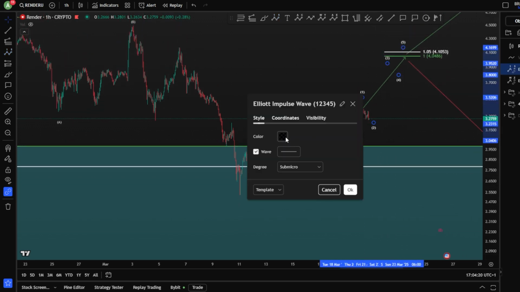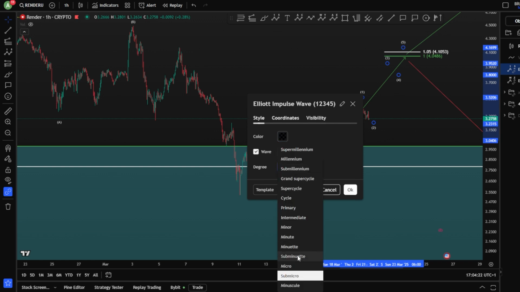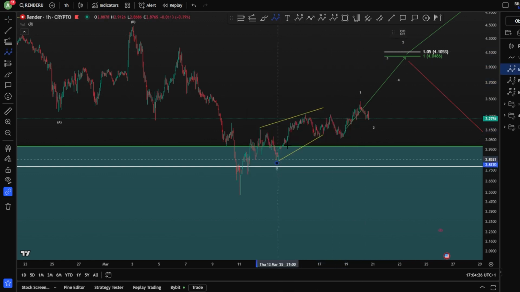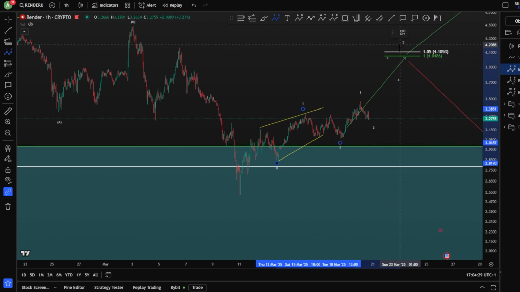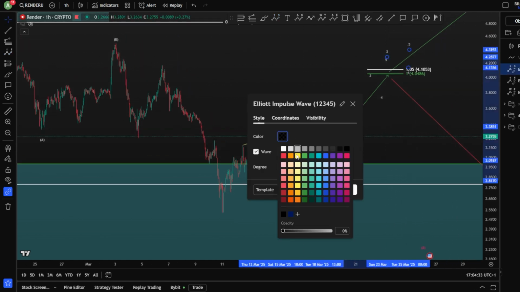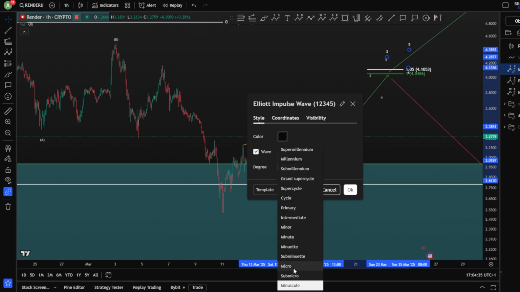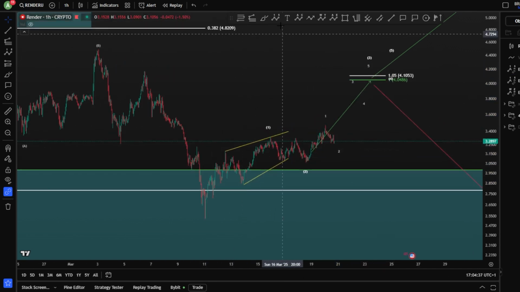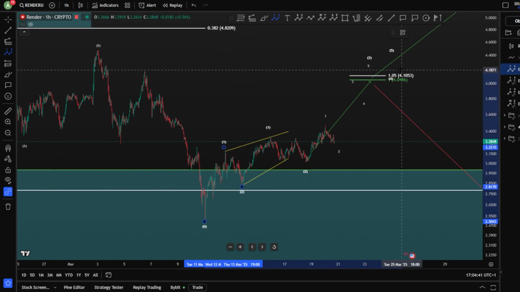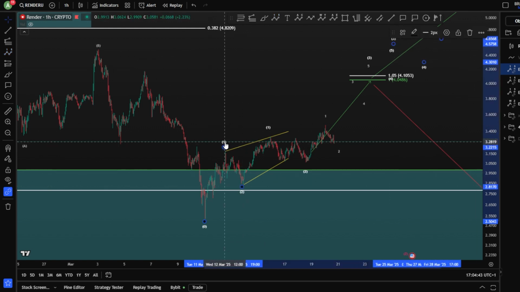Here we go. This is the first one. And here we go. This is the first wave 1. We have another wave 2, and then 3, 4, and a 5. Here we go. This is the second one. And then the third one, which is this beautiful leading diagonal as well. 1, 2, 3, 4, and a 5.